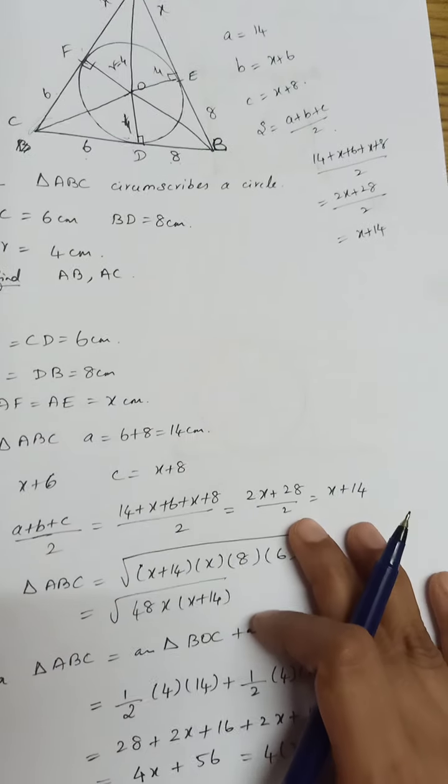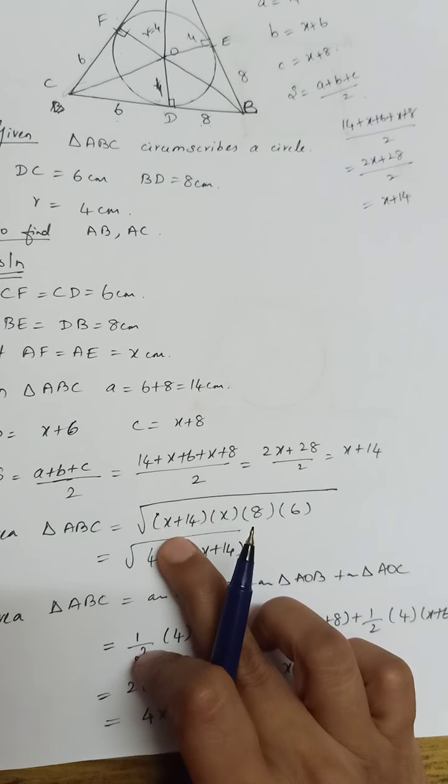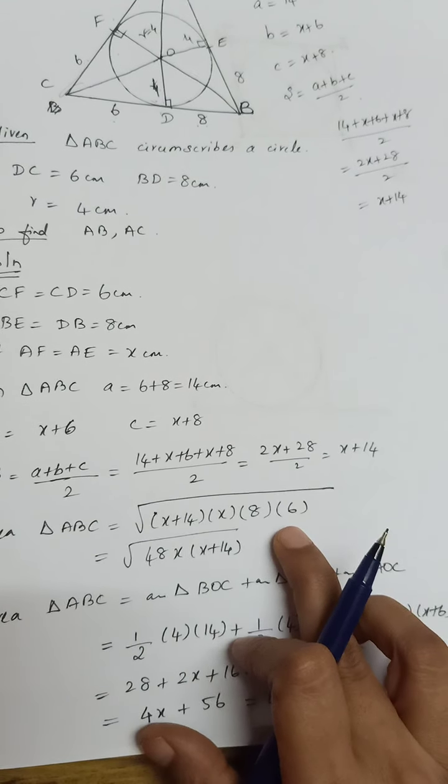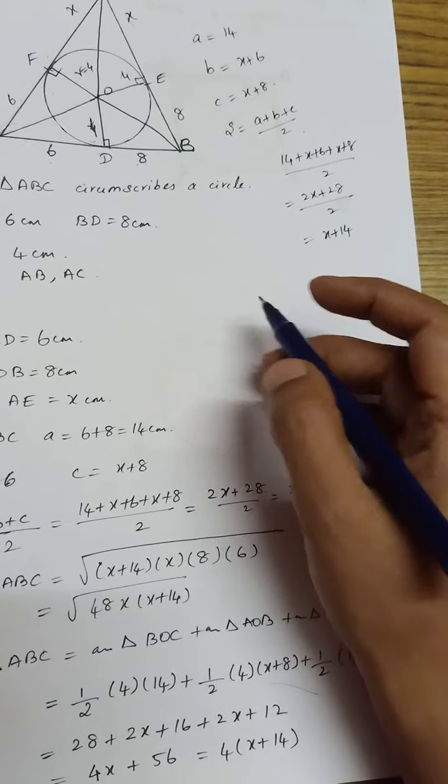Now we have to substitute in Heron's formula: square root of s into s minus a into s minus b into s minus c. I will write that portion also.